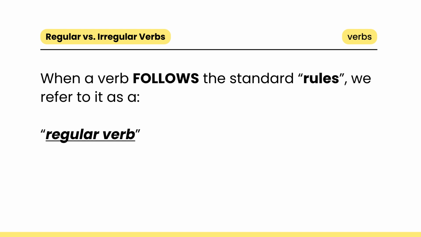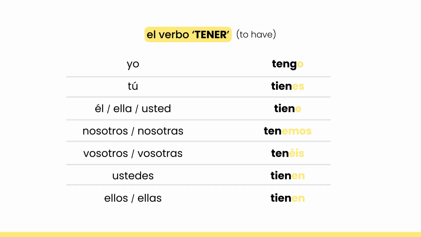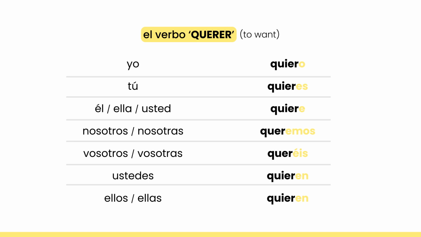Now, to be honest, when we look at querer and tener, they are not exactly regular, because as we see with the verb querer, if we're talking about yo, tú, él, ella, usted, we use Q-U-I-E-R, but then as soon as we go to nosotros, nosotras, we leave that I out of there. And then when we get back to ustedes and ellos, ellas, we add that I again.